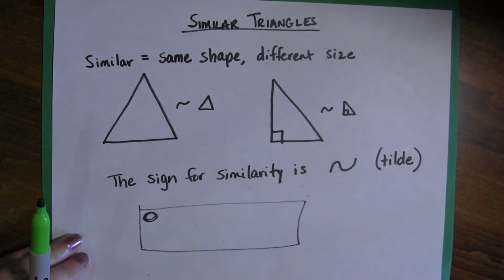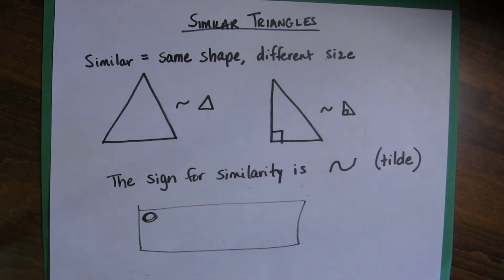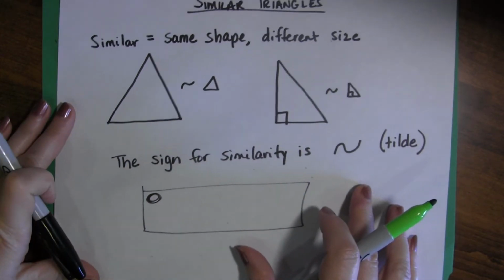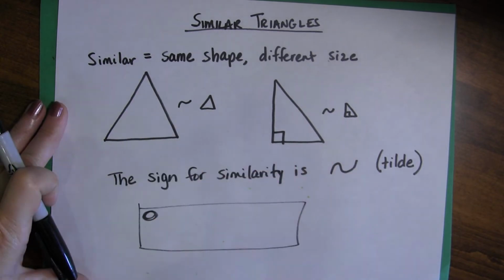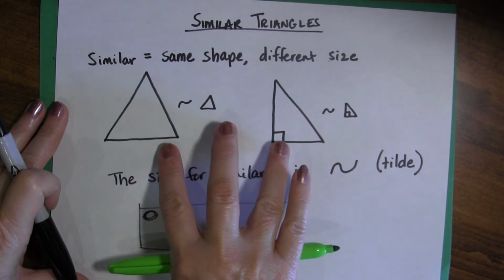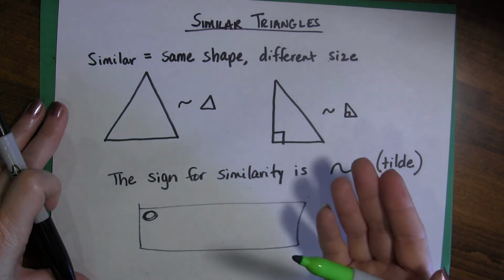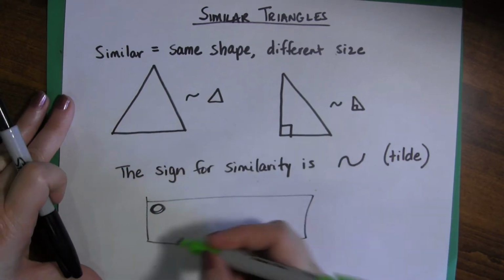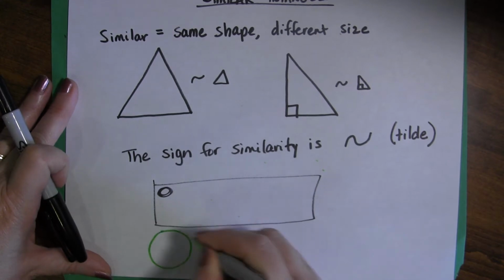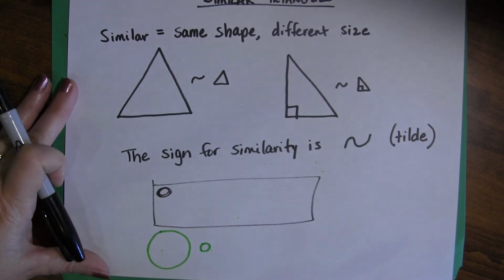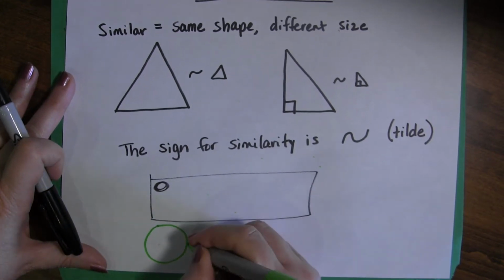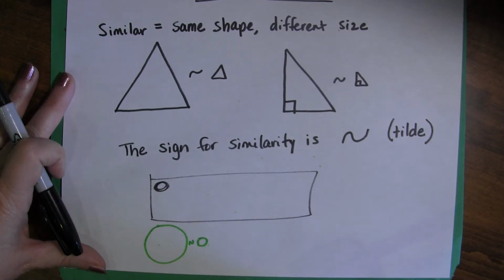Okay, the last thing that I'd like to do before we jump into the official definition is to note that in this chapter, we're talking mostly about similar triangles, but it doesn't have to be a triangle in order for similarity to come into play. For instance, I can have a big circle and a little circle. Those are the same shape, different sizes, they are similar.